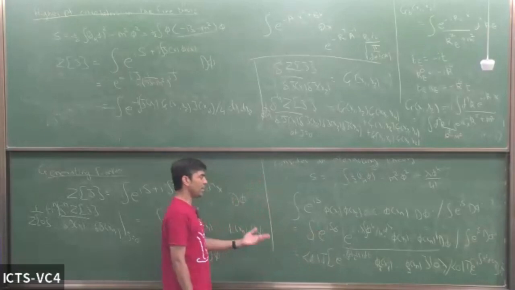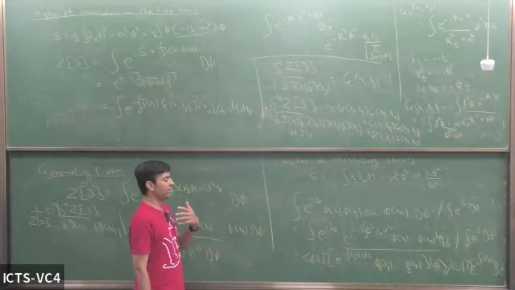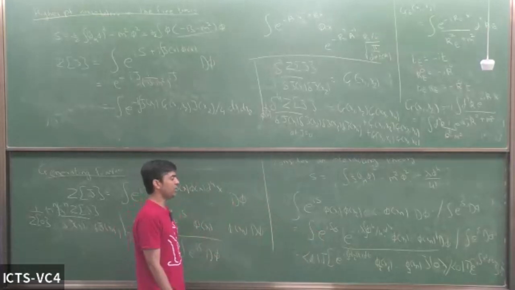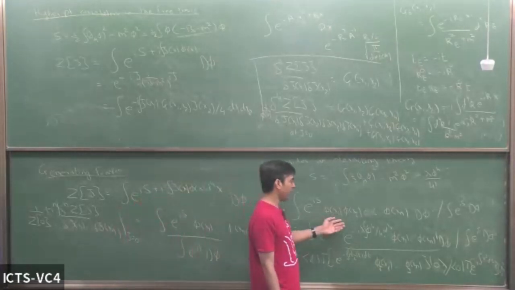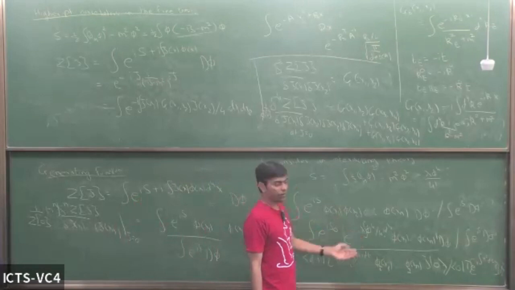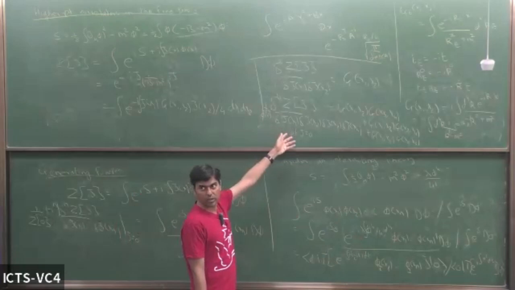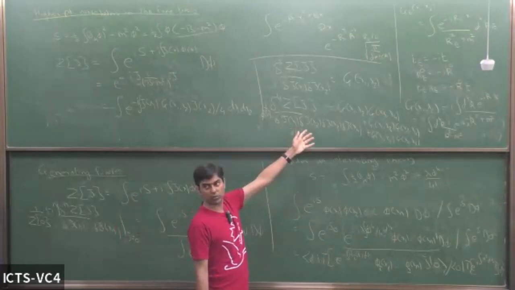So in the end, the upshot is that the path integral leads to exactly the same perturbative expansion that we had previously. Why? Because the path integral tells you how you should evaluate all these correlation functions. Well, you should evaluate them using this kind of a formula, right? And that's just summing over all possible contractions.